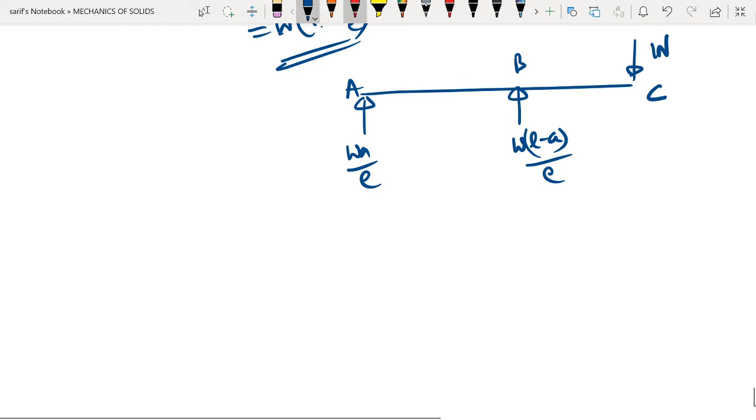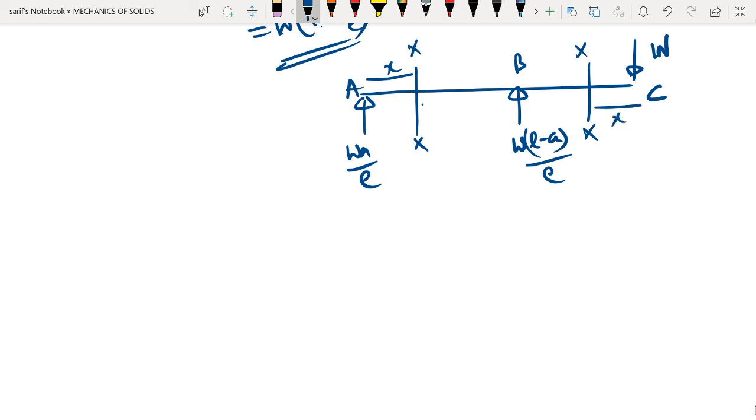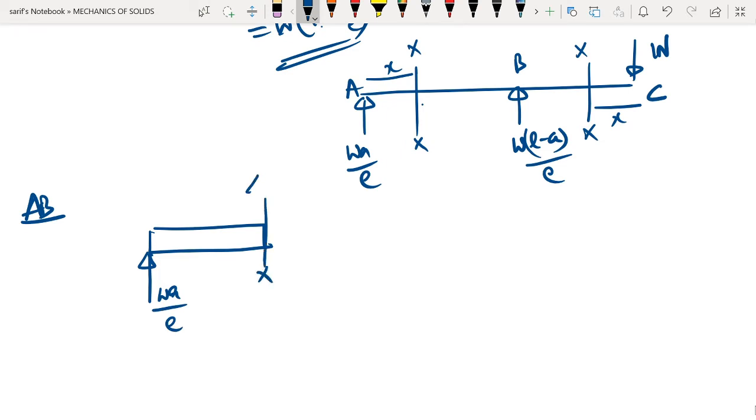If we consider the region AB, let us consider a section XX at a distance x from here. And if we consider the region BC, let us consider another section XX at a distance x from C. Let us consider the region AB first. Let us consider the free body diagram to the left of the section. This is WA by L, and this is our section XX.